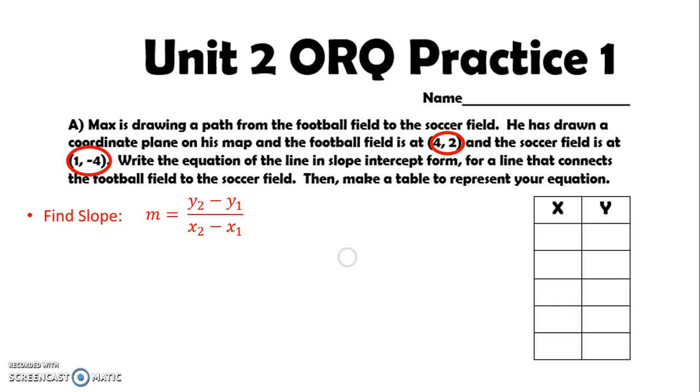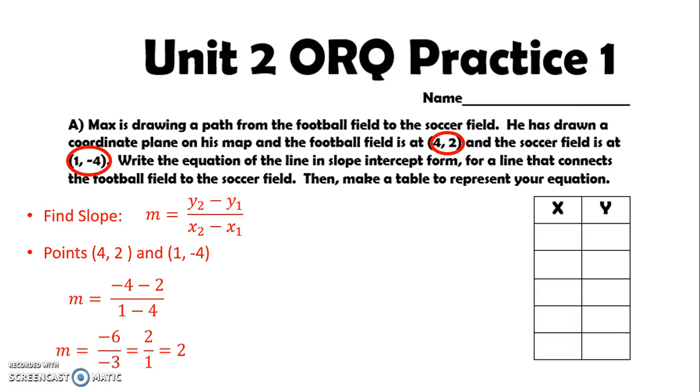We substitute the 2 points given to us, and I get -4 minus 2 on the top, and 1 minus 4 on the bottom. Simplifying, -4 minus 2 gives me -6 on the top, and 1 minus 4 on the bottom gives me -3, which simplifies to 2 over 1, or we just write 2.